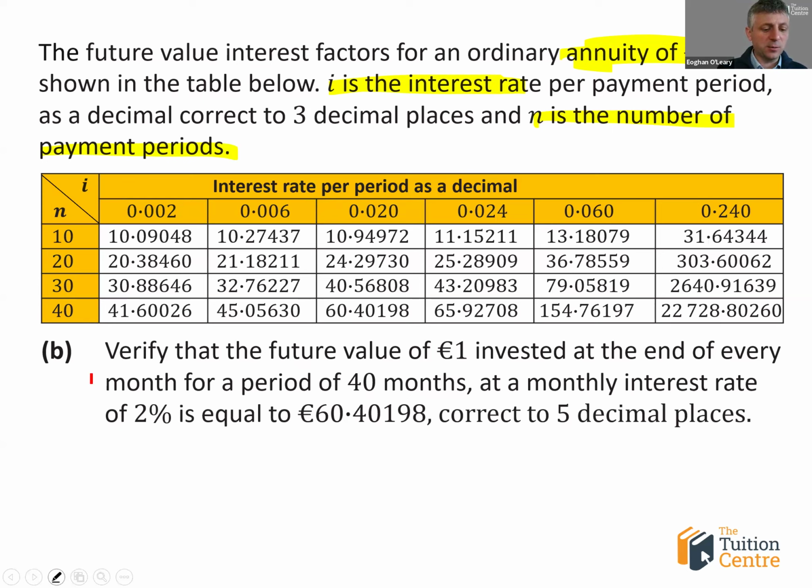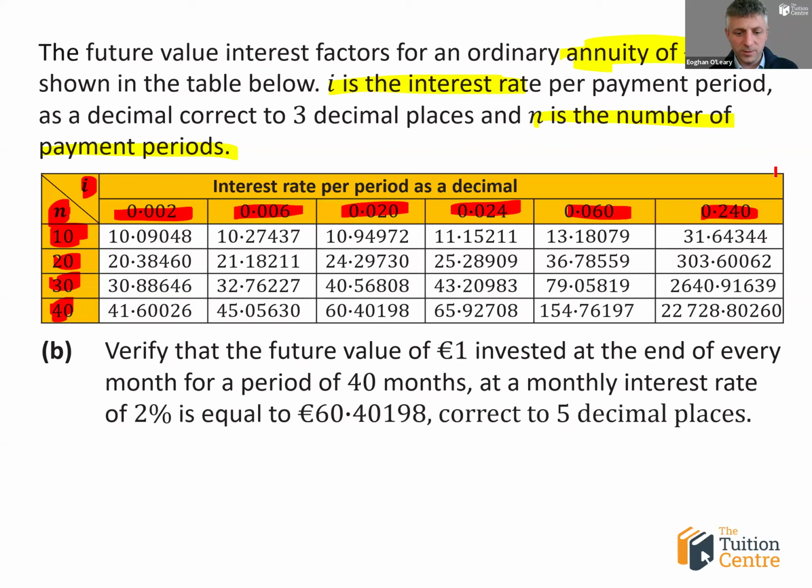So it doesn't associate with a year or anything like that. It could be 10, 20, 30, 40, and the various interest rates here, going from low to kind of high, so low and getting higher anyway. If you were earning interest, you'd like to get this one over here.